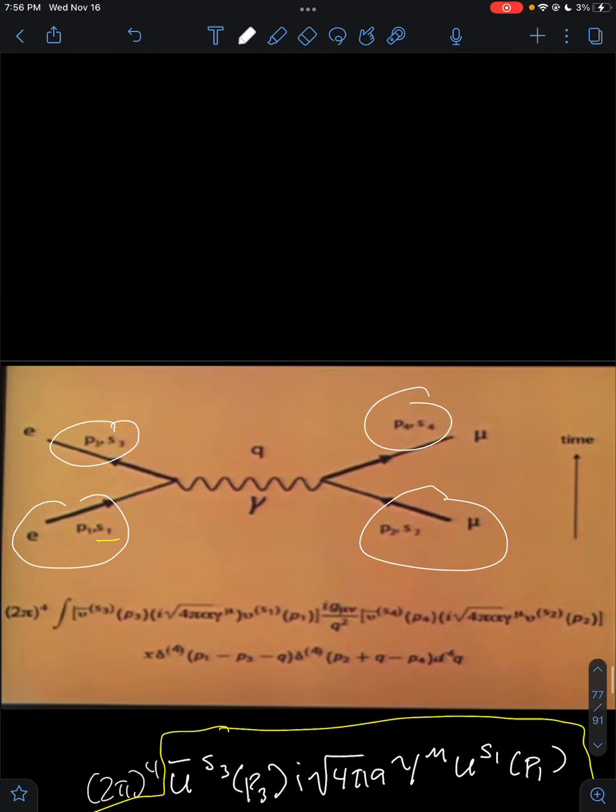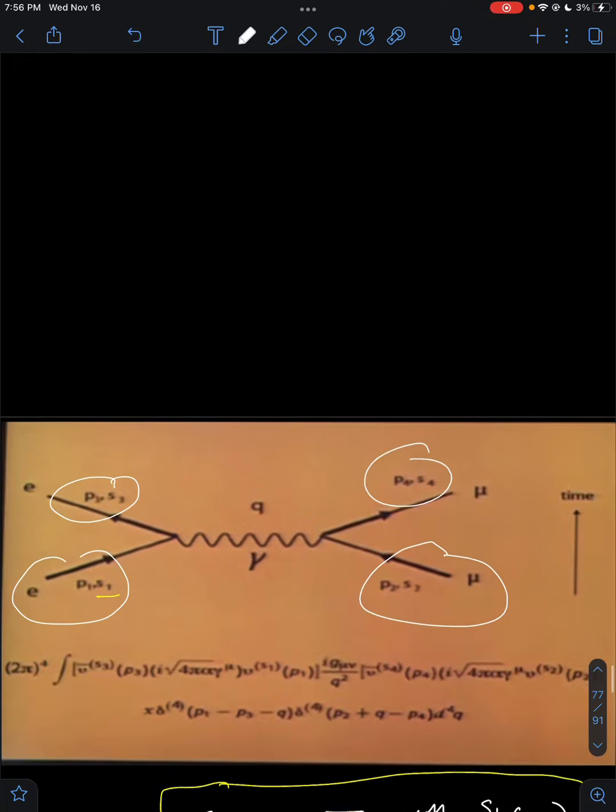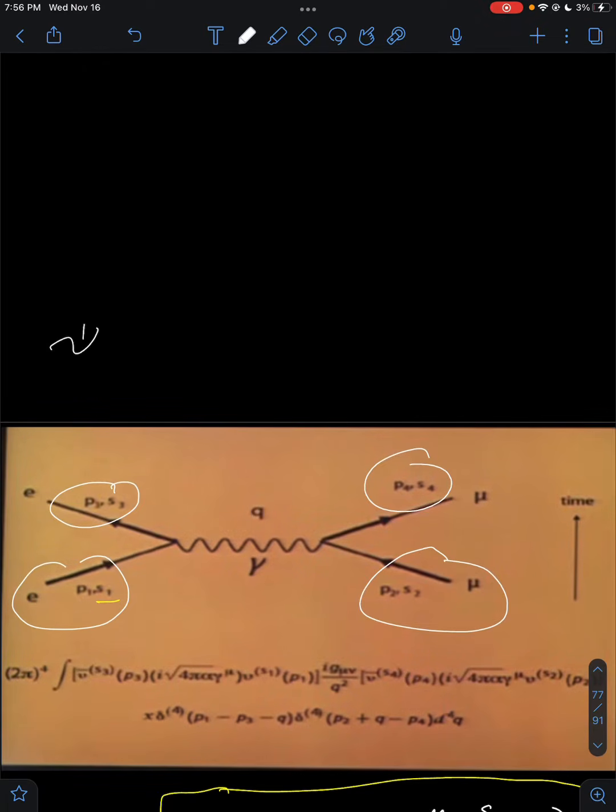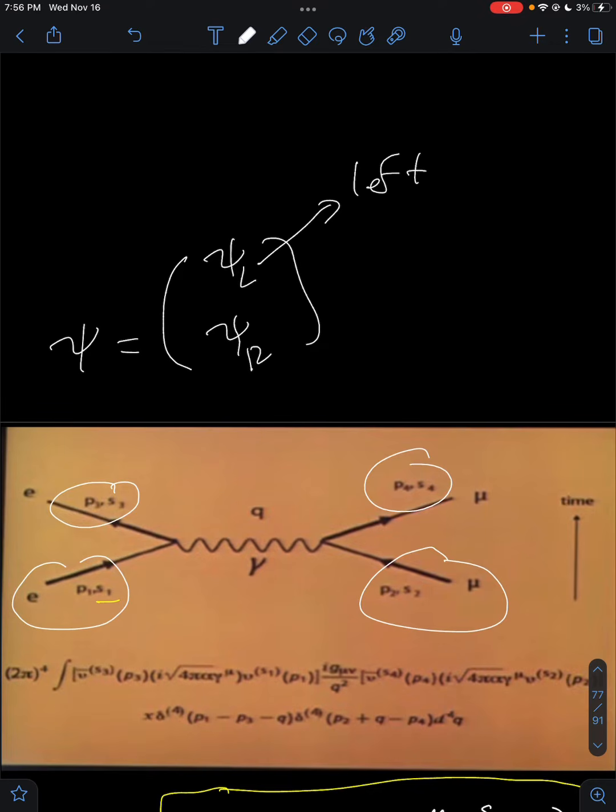So we can have a spin up particle that's left chiral or right chiral, and likewise with spin down particles. So chirality, well, let's first write this as a spinor. Here is a general spinor solution to the Dirac equation, where we have one left chiral component and one right chiral component.